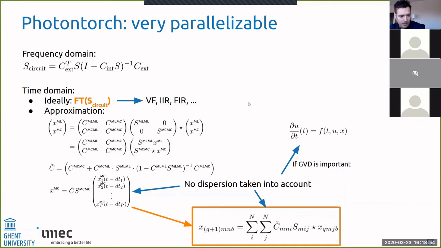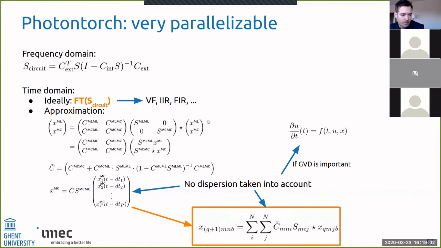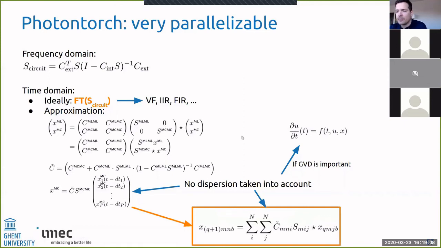But the nice thing about using this approximation, where you basically use the frequency domain S matrix with a delay, is that it is very parallelizable. So you can do the simulations very fast and efficiently on a GPU, a graphical processing unit.